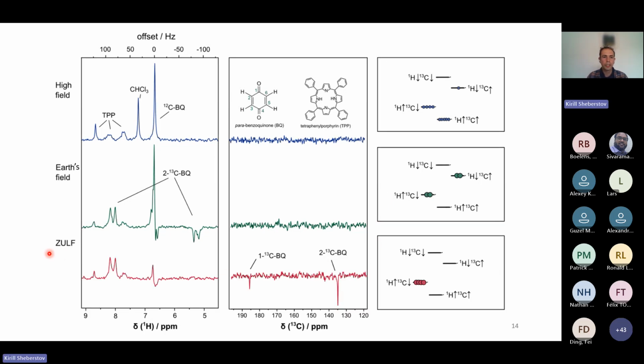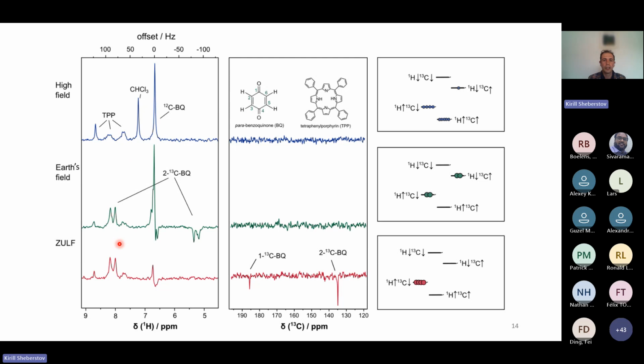When we performed irradiation at ZULF conditions, we see that only one satellite is polarized, but we also see carbon-13 spectra signals, and they are negatively polarized, providing a spectroscopic signature of this population imbalance, therefore confirming that indeed at zero field we had heteronuclear long-lived states.